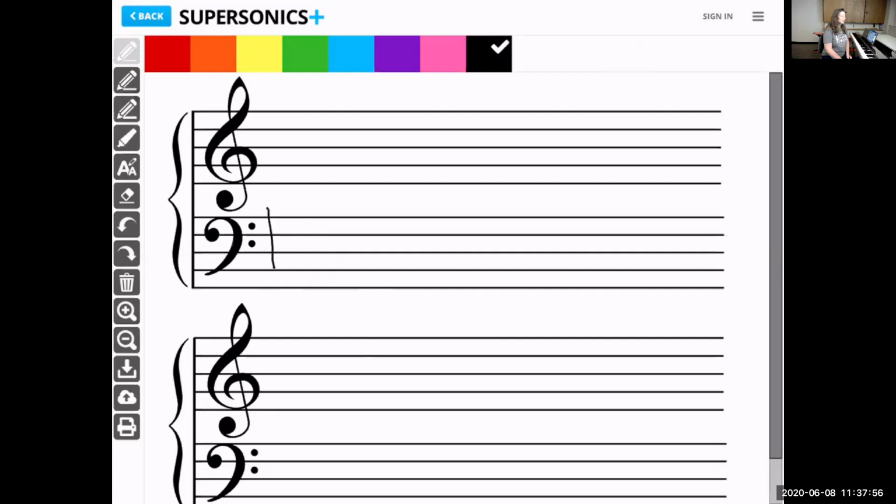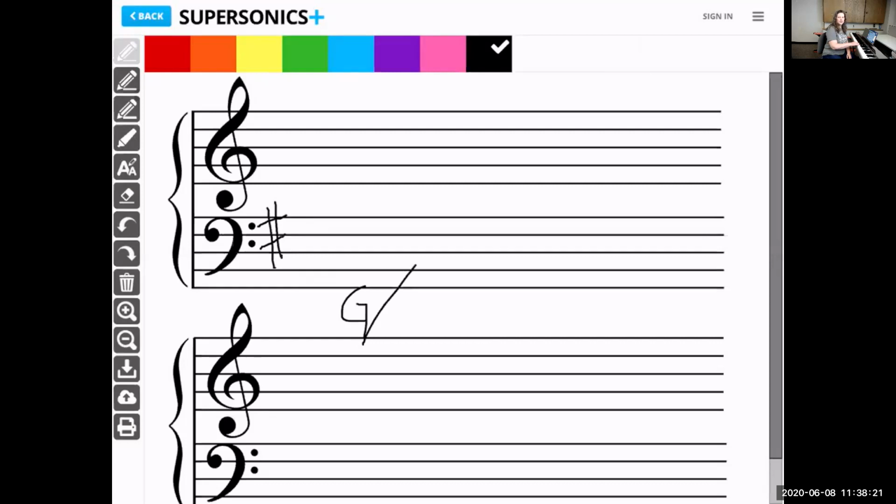Very simple. We have an F sharp in the bass clef as our key signature. Sorry, that looks a little like a G, but again, technology. So we have an F sharp. If you know your scales, we know that's a G major key signature, but we have to find the relative minor. So again, we go down 3 half steps.